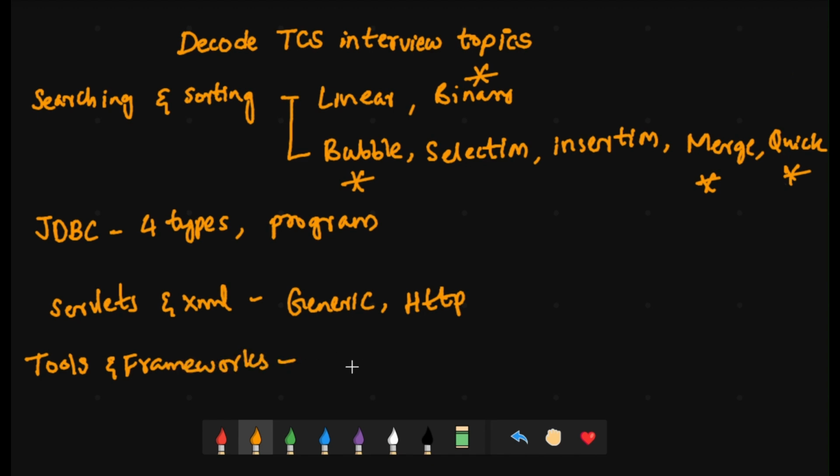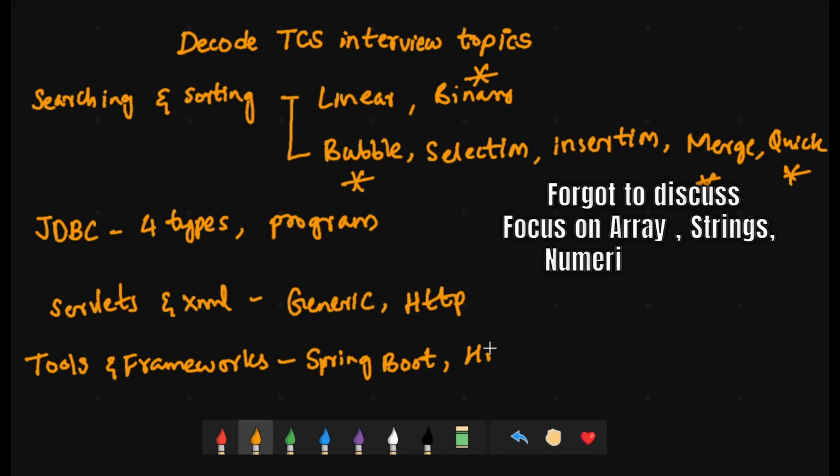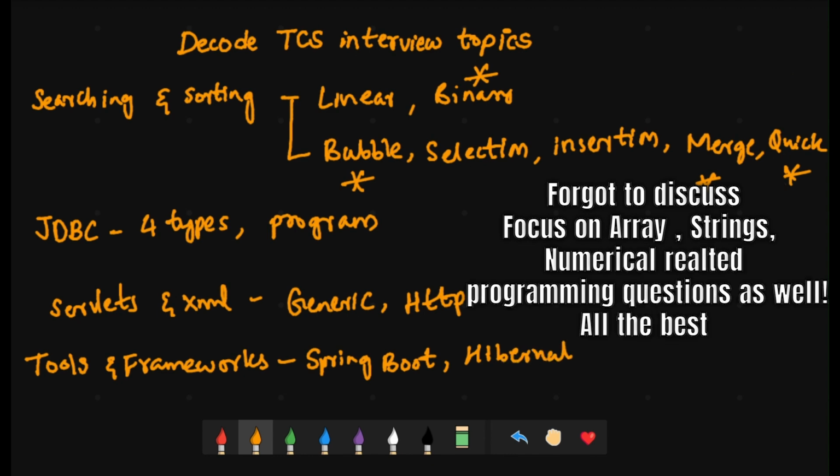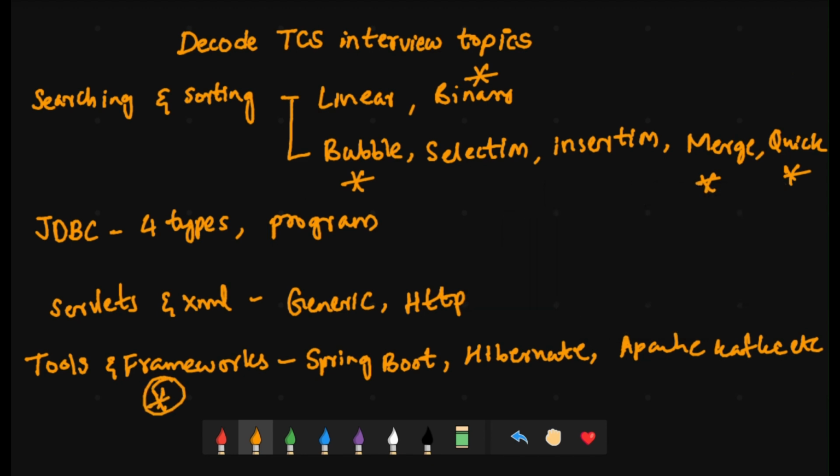In tools and frameworks, you can mention at least any one tool or framework, such as Spring Boot or Hibernate or Apache Kafka, etc. So this will be an added advantage for you if you have thorough knowledge in these frameworks.